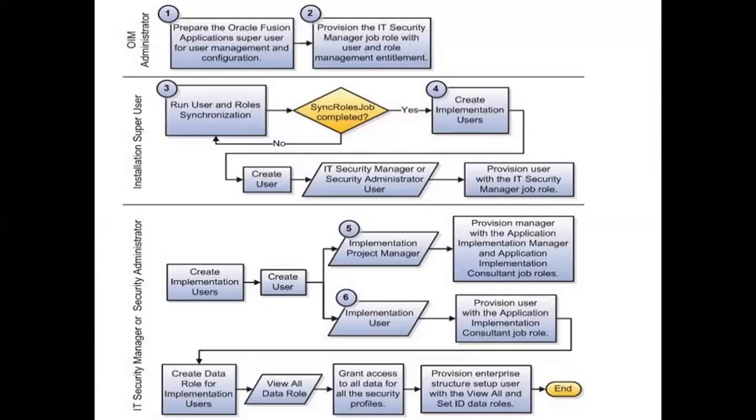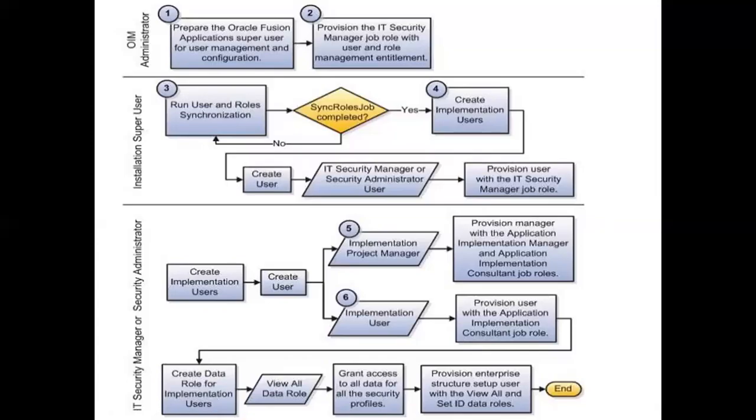A super user can be your implementation user also. You're not creating a separate job profile for a person. These are mainly created for the creation of your projects. Suppose you want to start a GL. First, the primary step is to create a super user, which has the authority to create the IT security management job role.